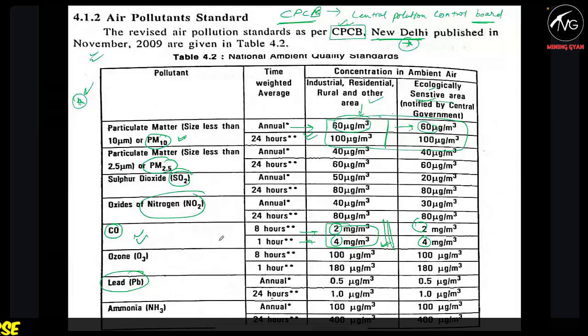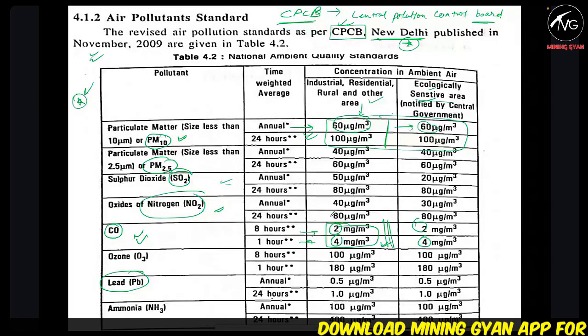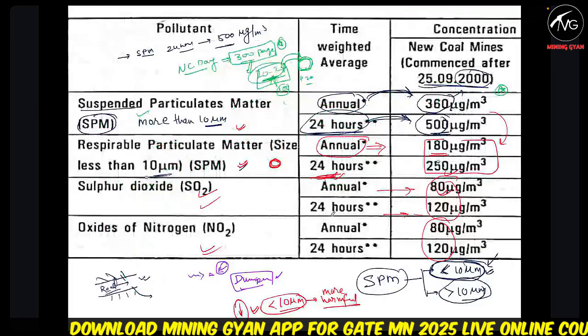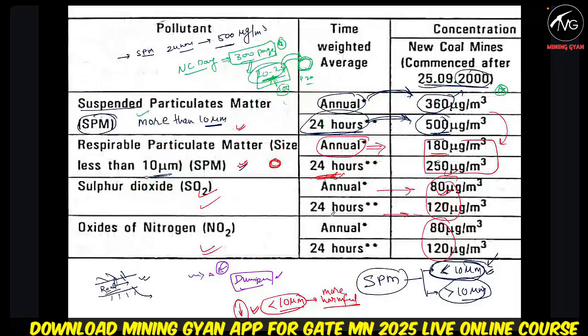Then nitrogen oxide and SO2. This table is important. I told you many times because in the questions we will discuss this. So today there are two tasks. First read this table and try to remember.